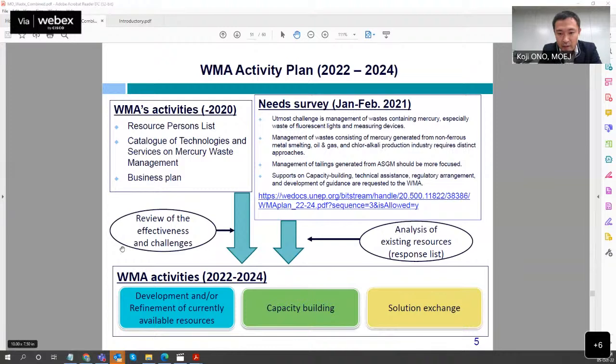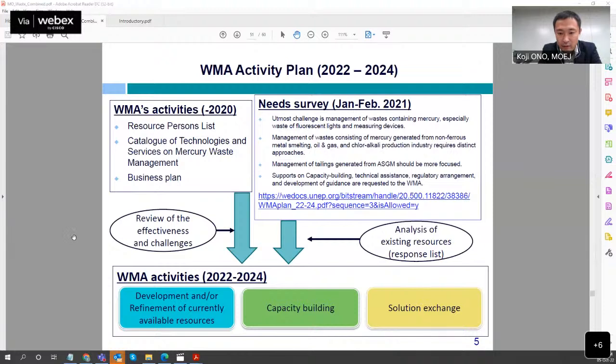And other things, such as support on capacity building, technical assistance, regulatory arrangements, and development of guidance, are requested of the waste management area. You can find the specific results of the needs survey from this link.